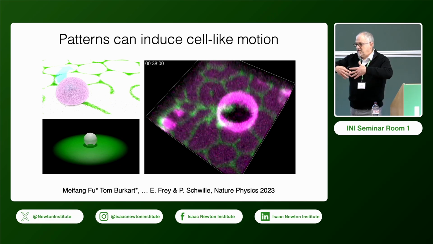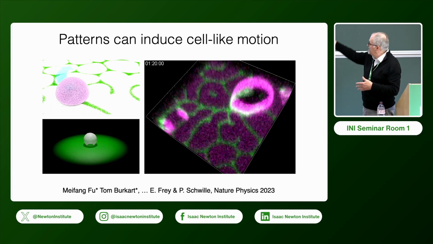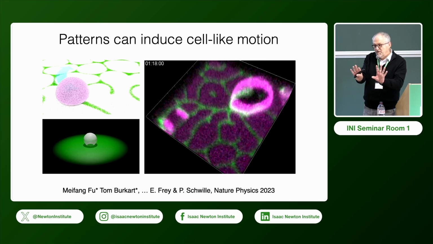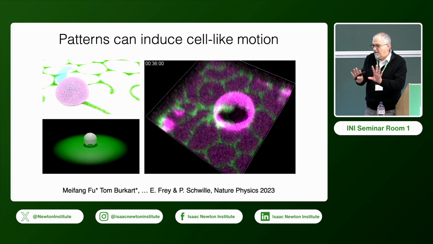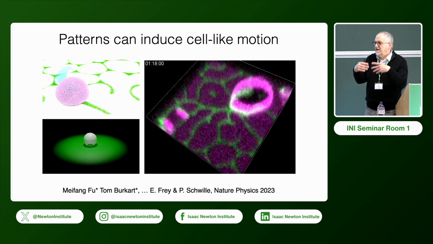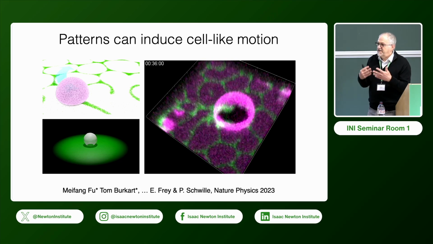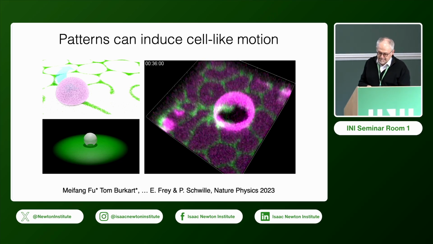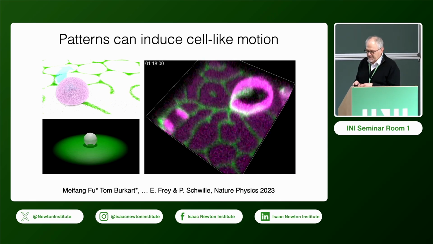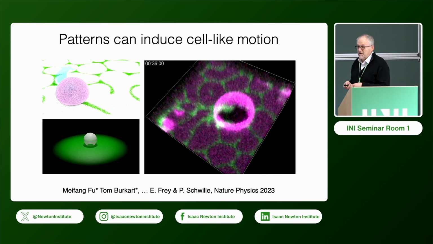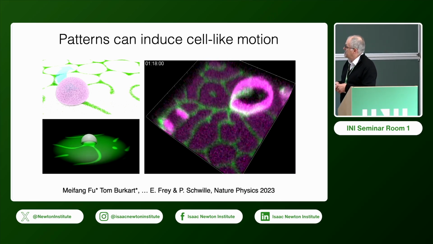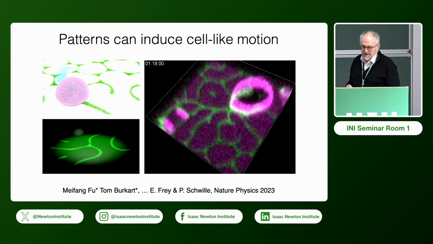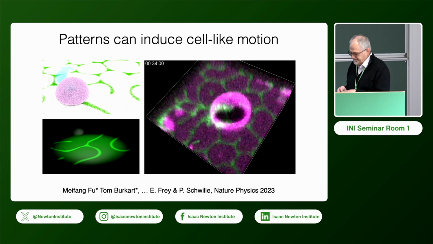So as you have a high density of these min proteins in the back, you change locally the spontaneous curvature of your system, and that couples into Helfrich theory as an additional term. And that could also give rise to such a force that drives the vesicle forward. Both work. You can test it in computer simulation, and here's one by Tom Burkart in the group, and you see it creates the same kind of motion.